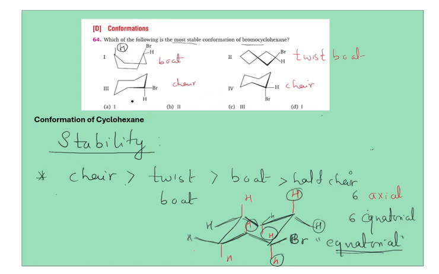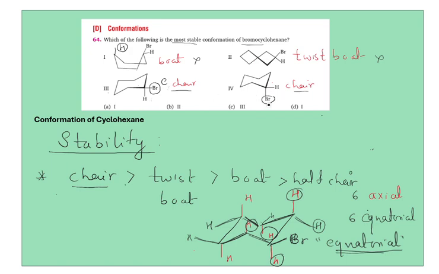Let's answer the question now. Chair is the most stable, so the answer has to be either 3 or 4. Right, because we know that boat and twist boat are not stable, but we have 2 chairs. Look at the position of the bromine. The bromine here is equatorial because the vertical lines are axial, I already told you.